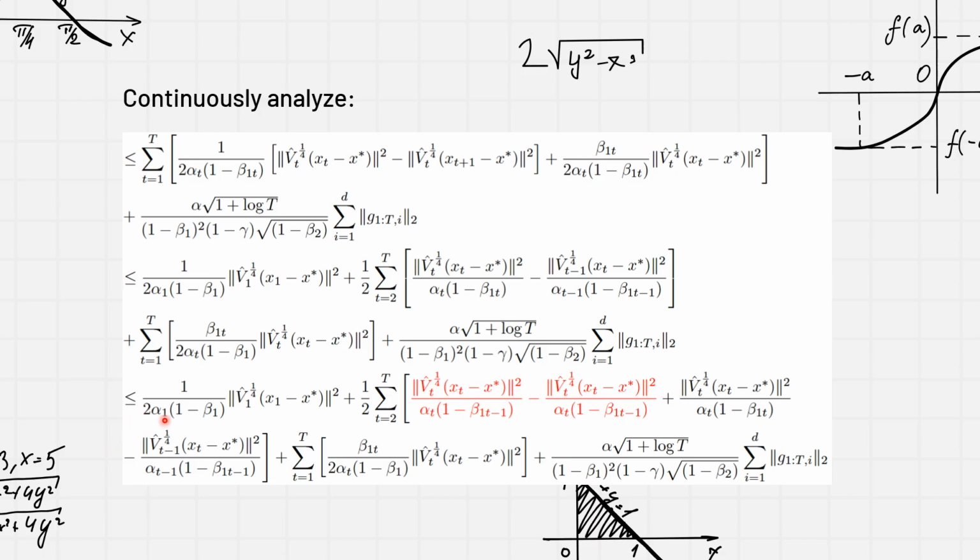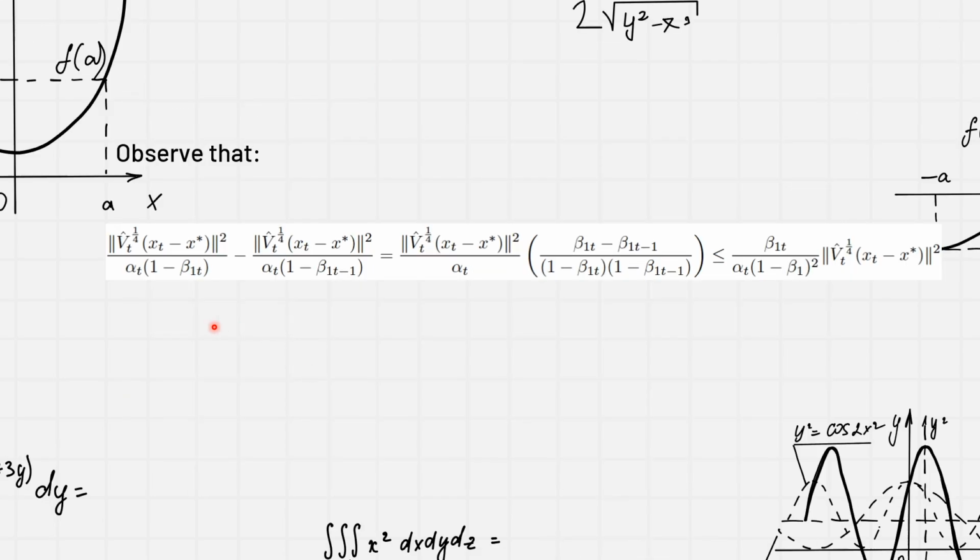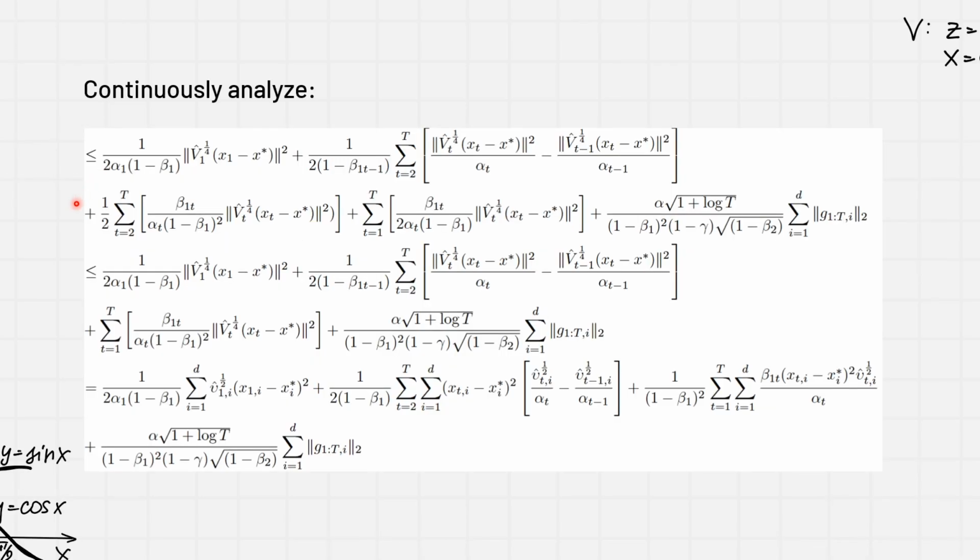And in this inequality, we add and then subtract the same variable here, and try to put this and this term together. And for the other two terms we derive the upper bound. Then we can see that the two terms we hope to put together are left here, and the other two terms' upper bound is left here.